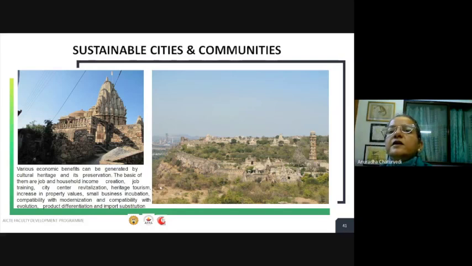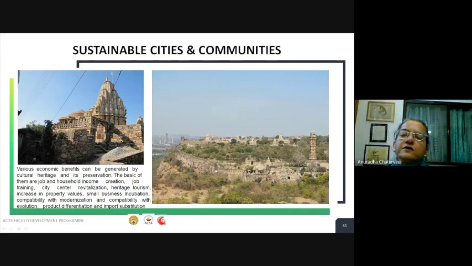There are economic benefits which are linked with the revitalization of historic centers. There are economic benefits linked with cultural tourism and heritage tourism. There is an increase in property values which is linked with integrated heritage management of historic areas. There are possibilities of incubation of small businesses which are related to the traditional knowledge systems and skills which the inhabitants of a historic area have.